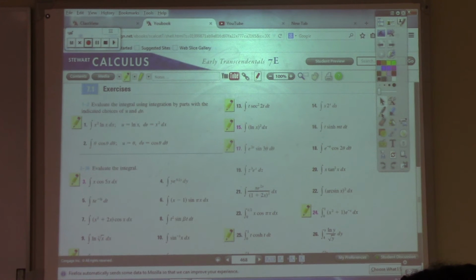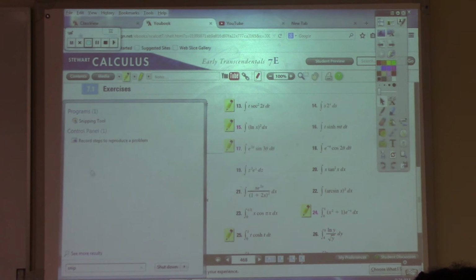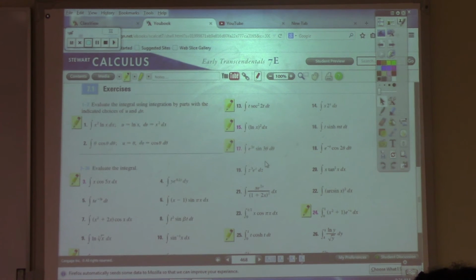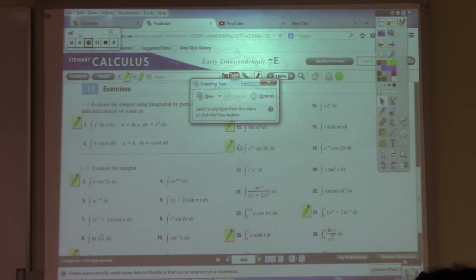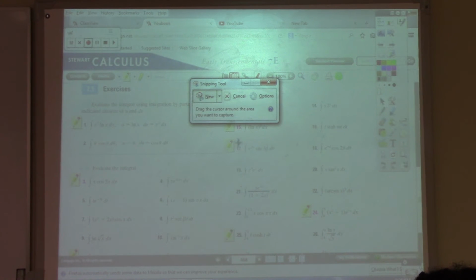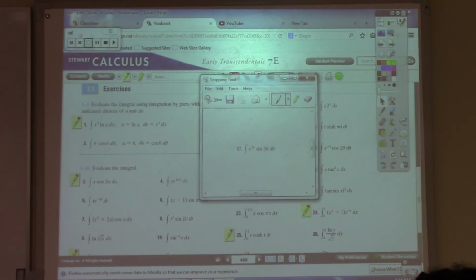Huh? Does it have one? Go to the start bar. Down here? Type in SNP in search bar. Oh my gosh, I didn't know you could do that. Is it like a crop? Yeah, just make a square over whatever you want. Then you save it as a JPEG, or you can just copy it and paste it.